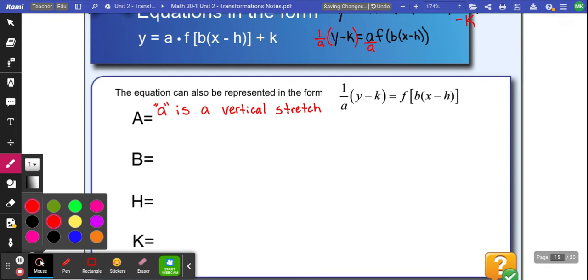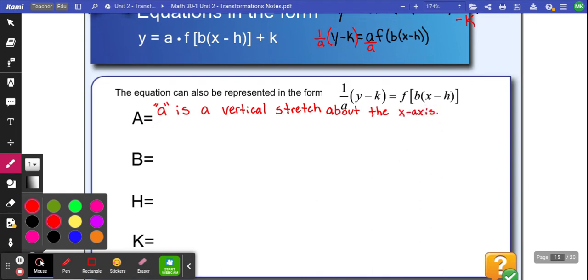It's not good enough to just say it's a vertical stretch. About the x-axis, right? You're stretching away from the x-axis. Good. A is a vertical stretch about the x-axis.